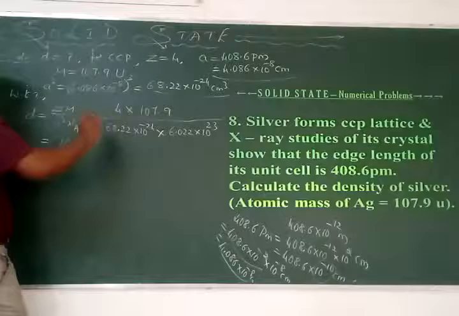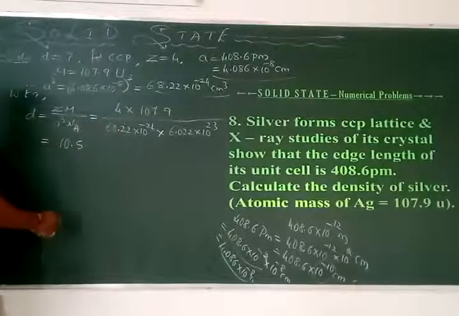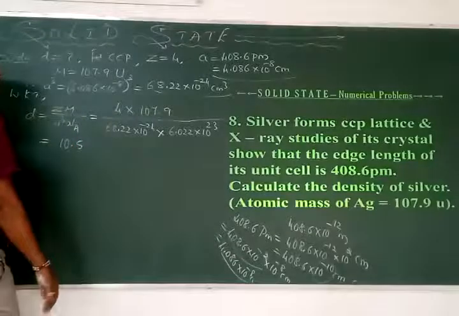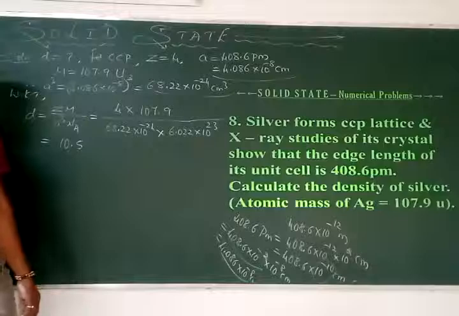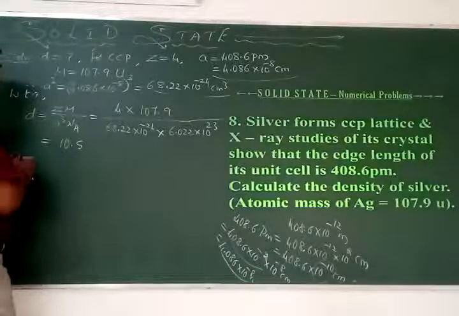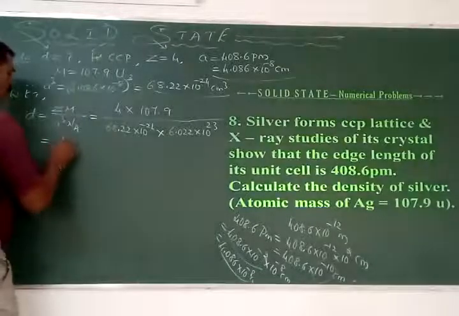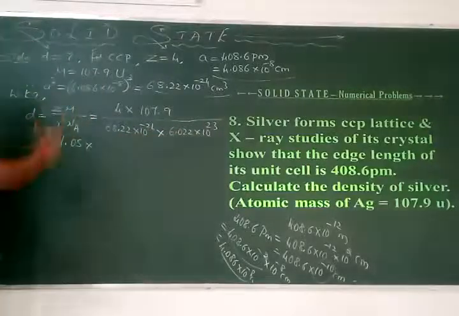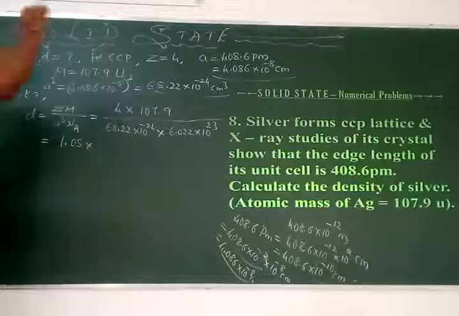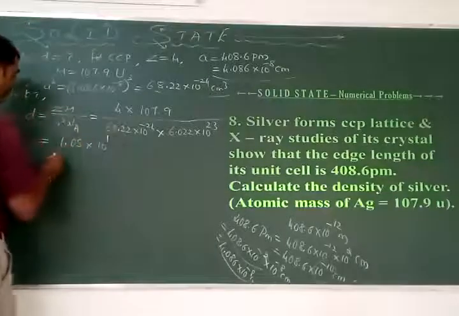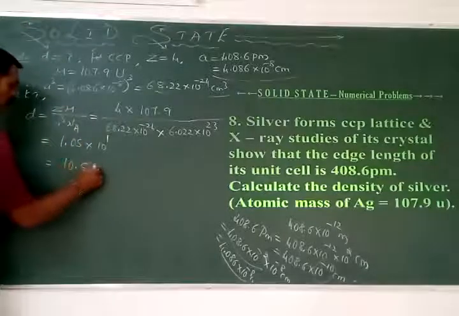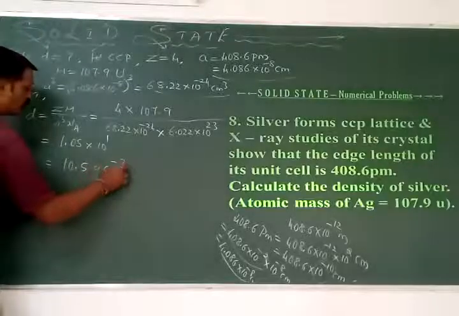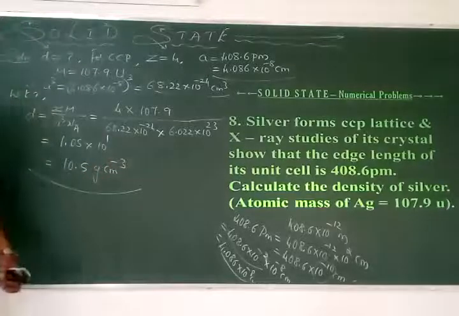Shifting 10 to the power of minus 1 from the denominator to the numerator gives 10 to the power of plus 1, so first I mention it in the form of 1.05 into these two. That is equal to 10.5. The unit of density is going to be gram per cm cube.